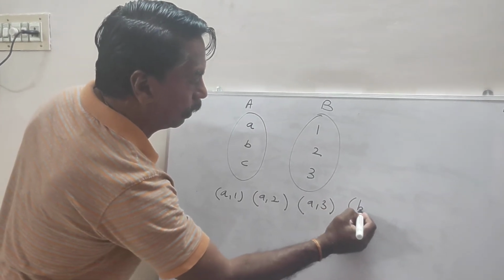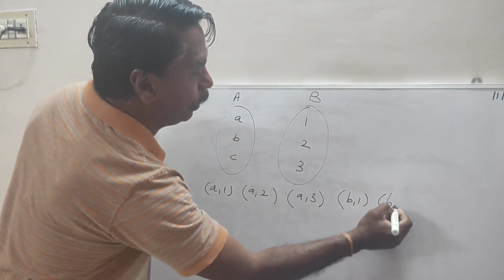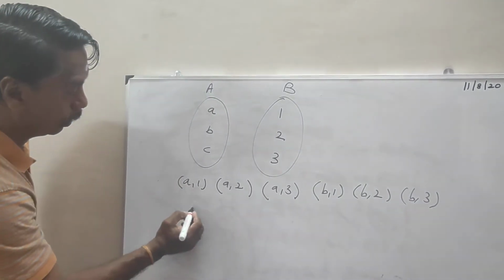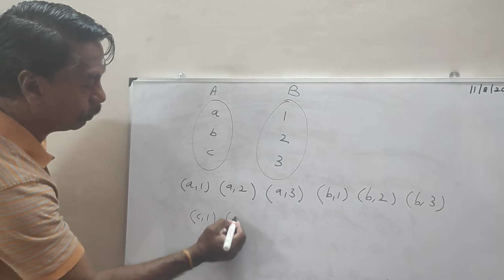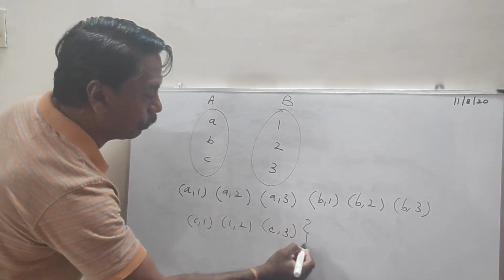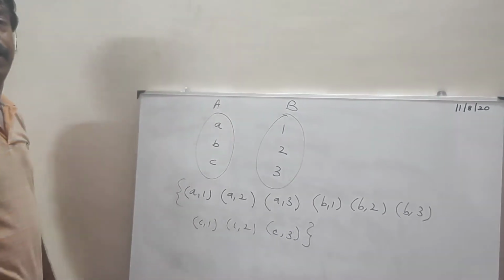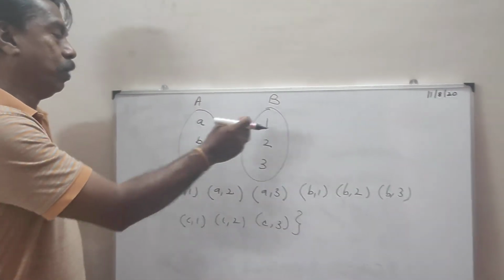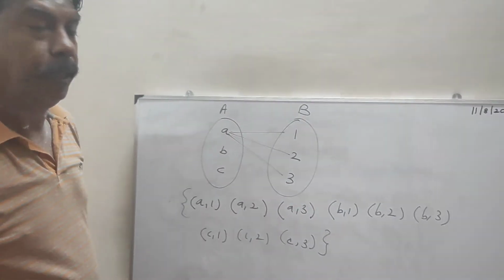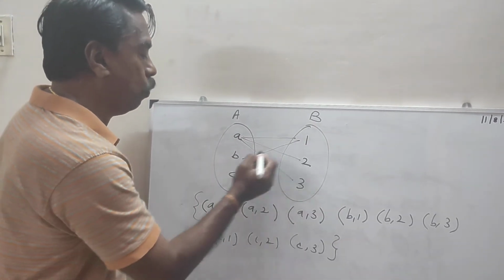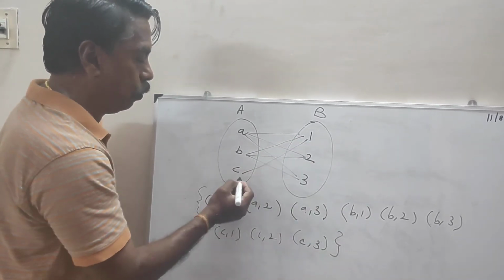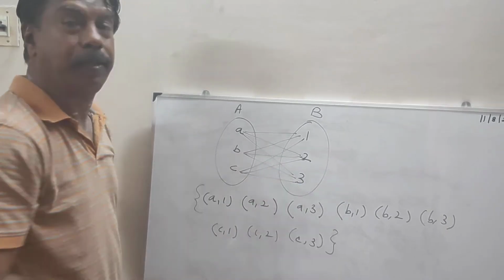Similarly, we can write (b,1), (b,2) and (b,3), and moreover (c,1), (c,2) and (c,3).